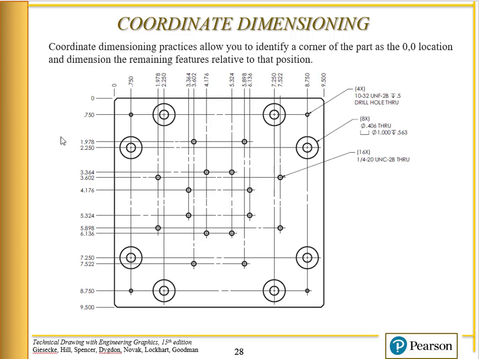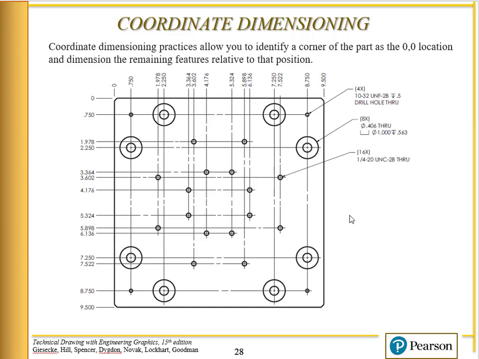So we have different types of holes. Those holes are listed over here with leaders, and those leaders point through the center line of the hole. We have 8 of these holes, 406 through, with a counterbore of 1 inch to a depth of 562. Then we have 16 of these little tapped holes, quarter 20, and then we have 4 of these 1032 holes.